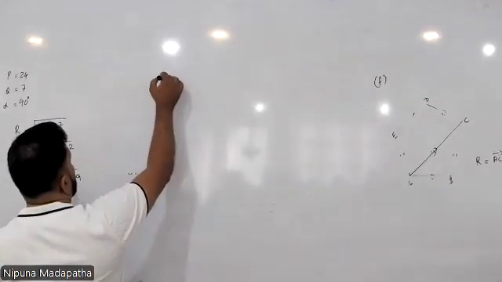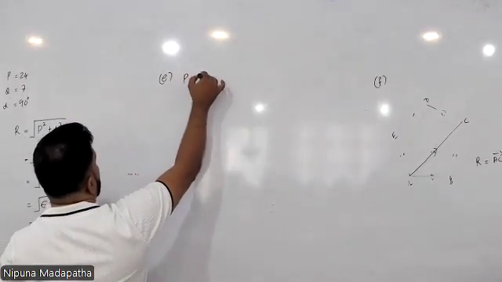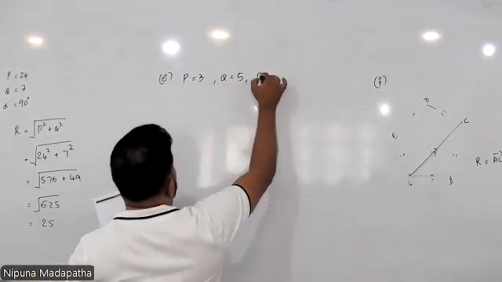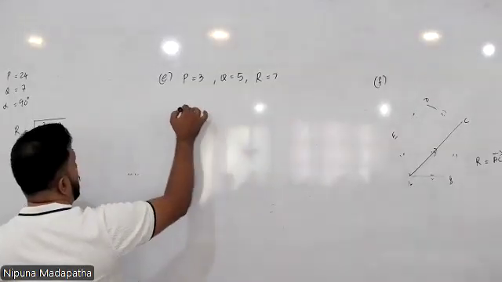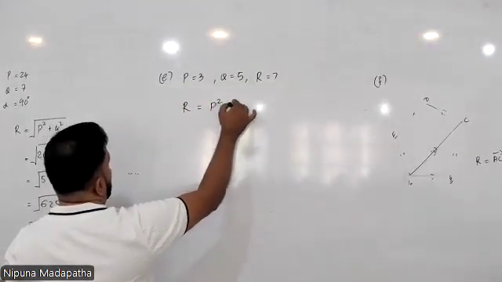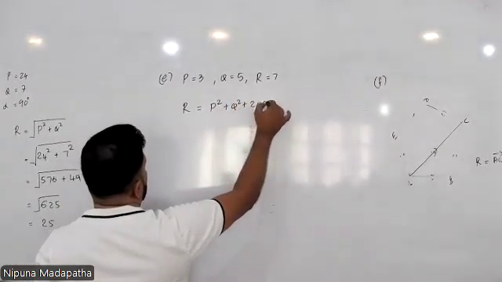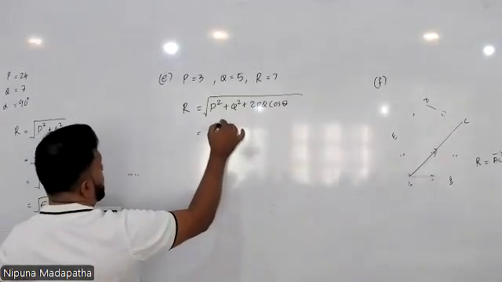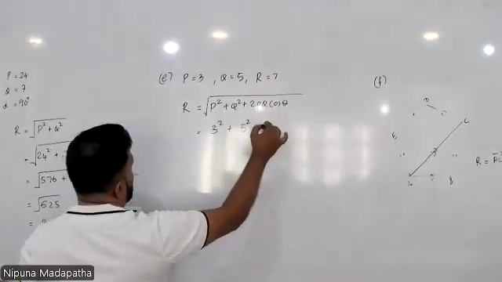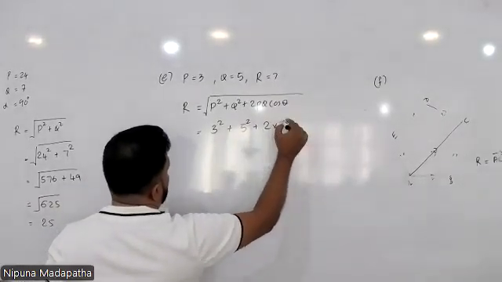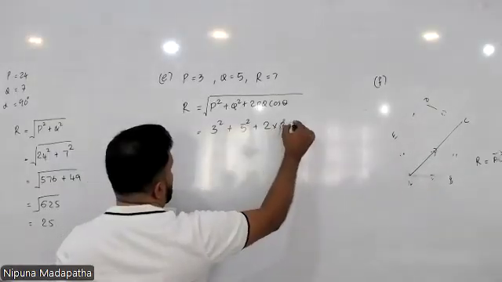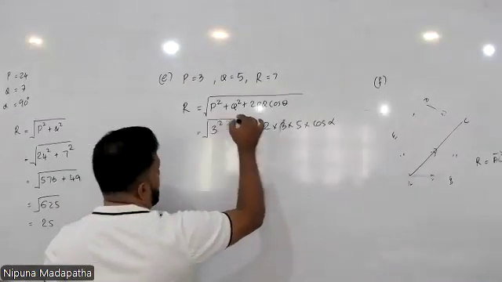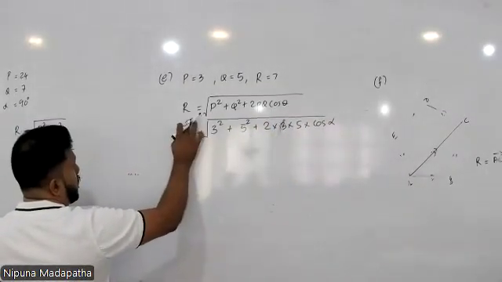Right, P is 3, Q is 5, R is 7. This is the expression: R equals the square root of P squared plus Q squared plus 2PQ cos alpha.